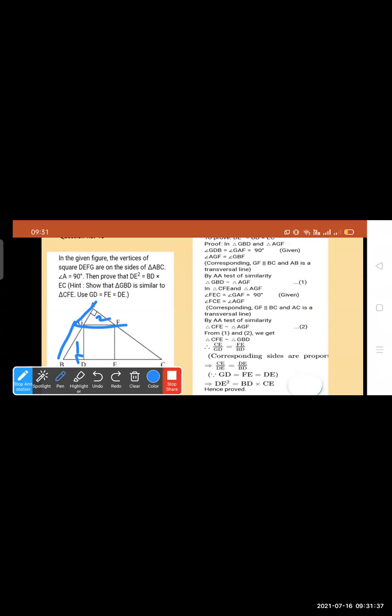So if these are equal, then GF is parallel to BC. If GF is parallel to BC, then we say that these angles are equal. So if two conditions are satisfied, then we say that these two triangles are similar by AA test of similarity. The first is given, then we consider the other one.